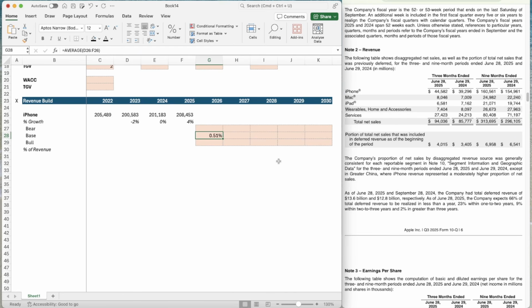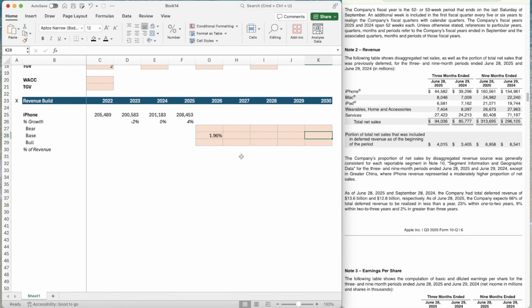I think it will actually do better than that. So let's do an average of just the last 2 years. 2023 was maybe not a good year because I don't think they had an iPhone release then, and people were probably waiting for the Apple Intelligence. So yeah, it might not be truly reflective. So let's just go with the last 2 years.